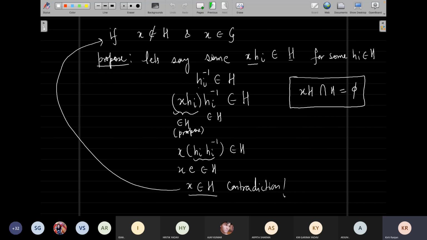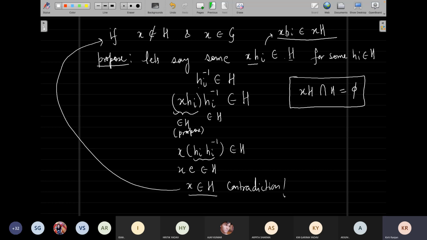So we start by proposing exactly the opposite: if X does not belong to H and X is still in G, let's say there exists some element such that X times hi belongs to H. And remember, this X hi surely belongs to your XH.